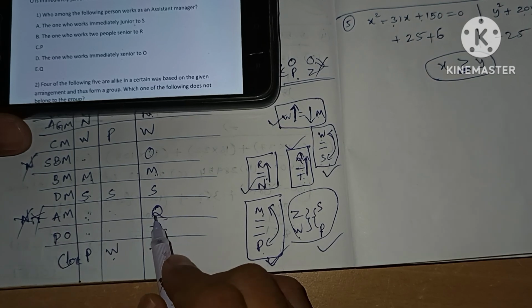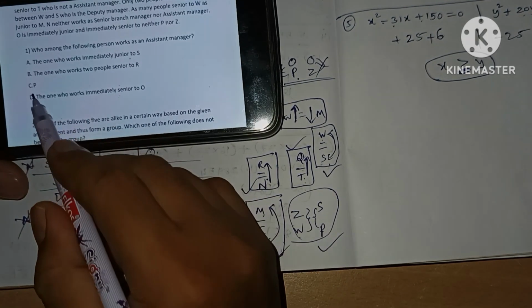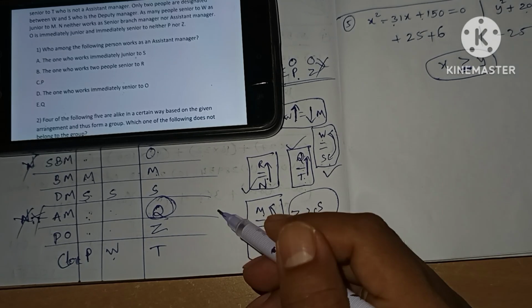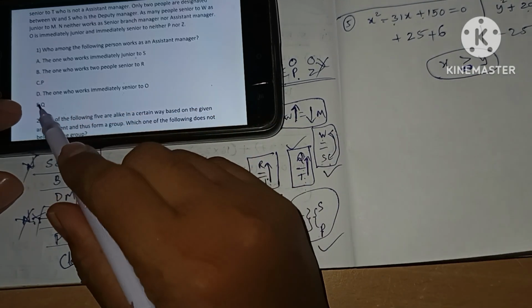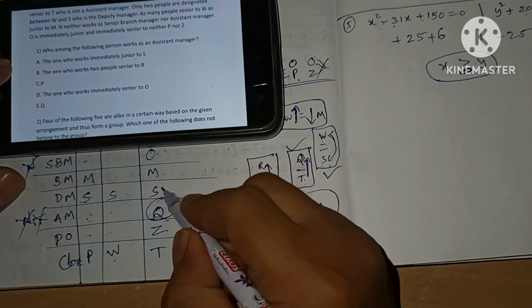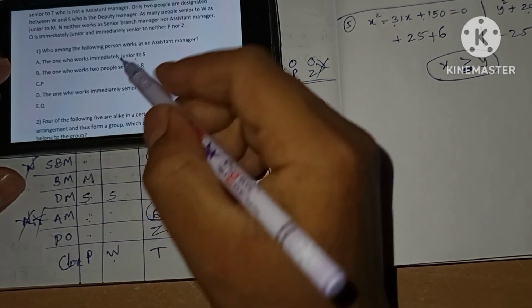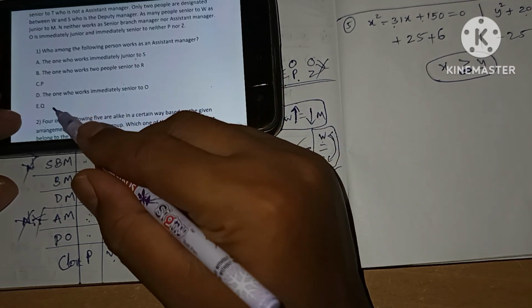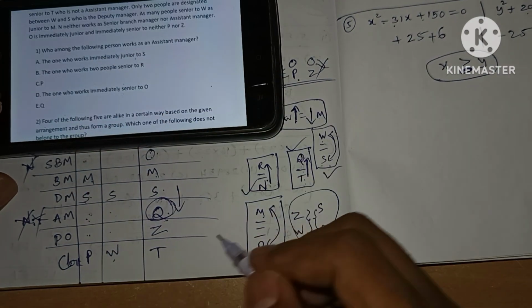Assistant manager is nothing but Q. So answer is option E, or the one who works immediately junior to S. We have two options. We have either A or E as our answer for the first one.